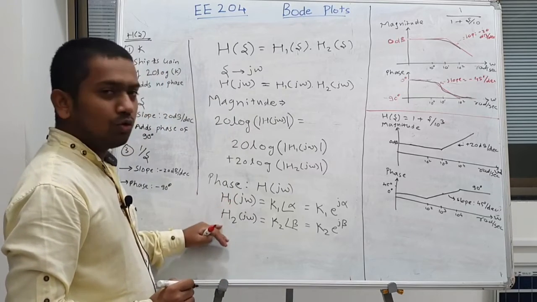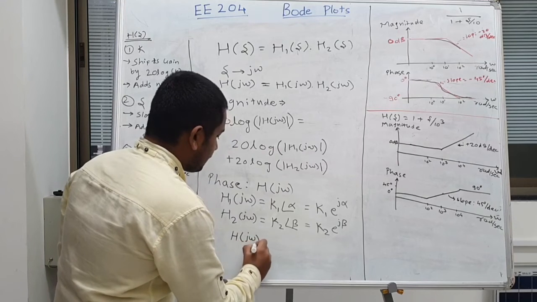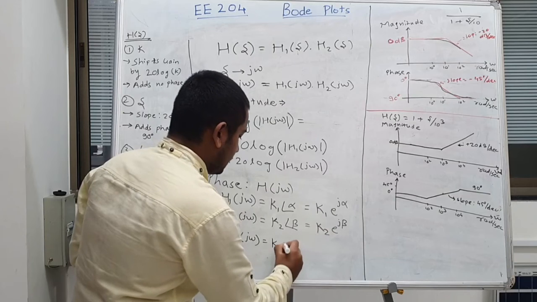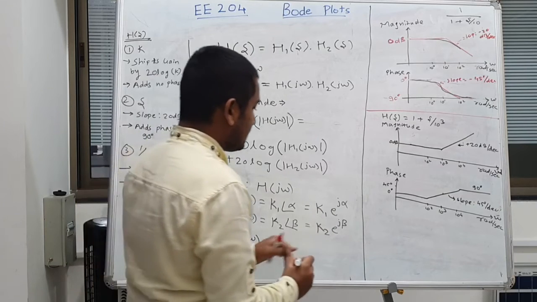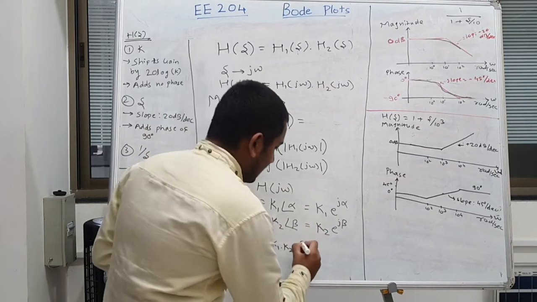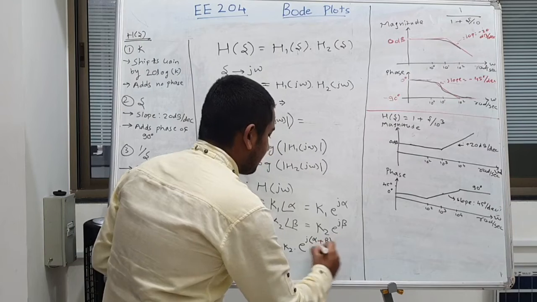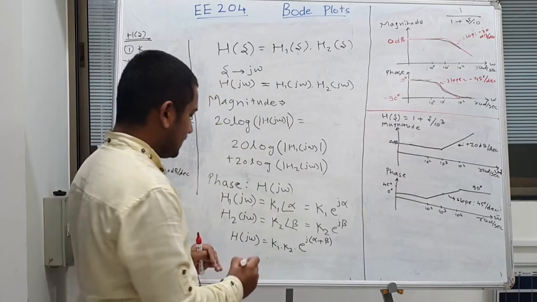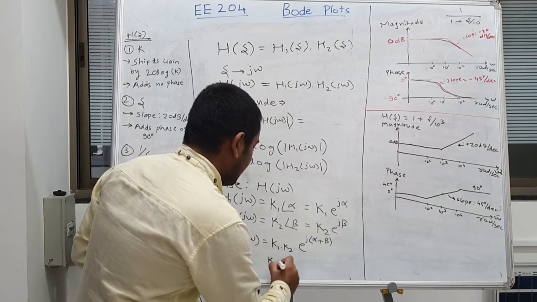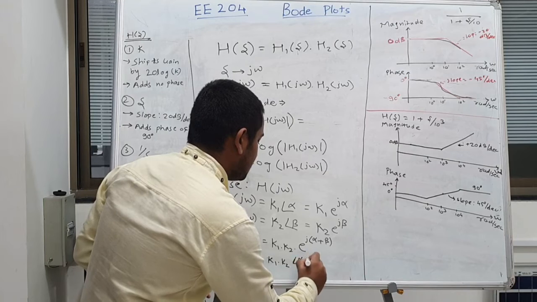When we multiply both of the terms, the H of j omega will result into K1 times K2 times e to the power j alpha into e to the power j beta. We can rewrite that as e to the power j alpha plus beta. It means the resultant H of j omega has K1 into K2 as amplitude and angle as alpha plus beta.